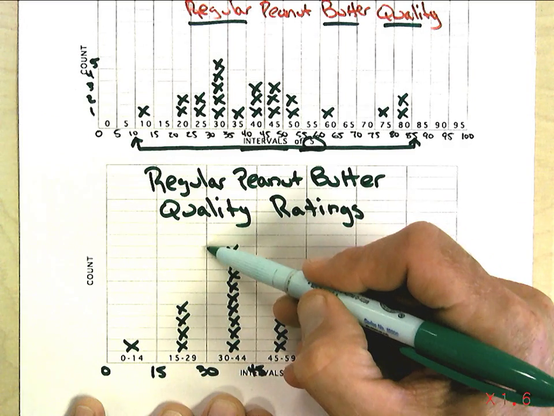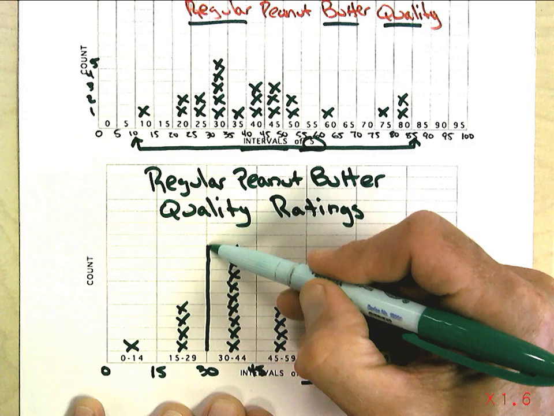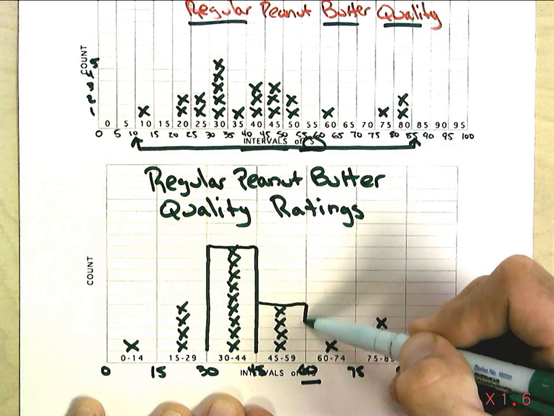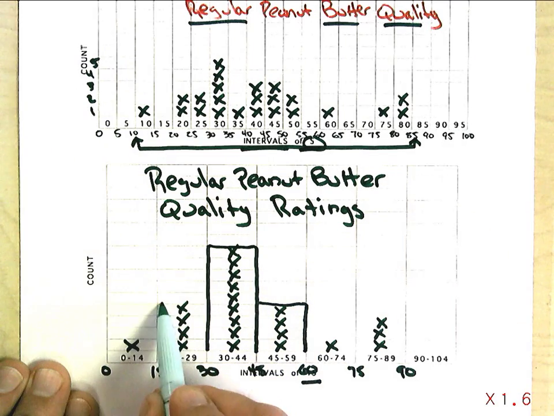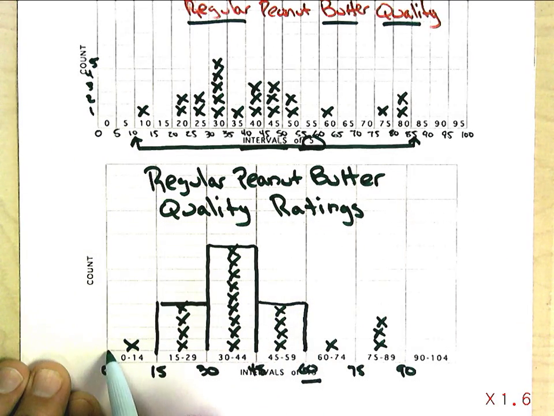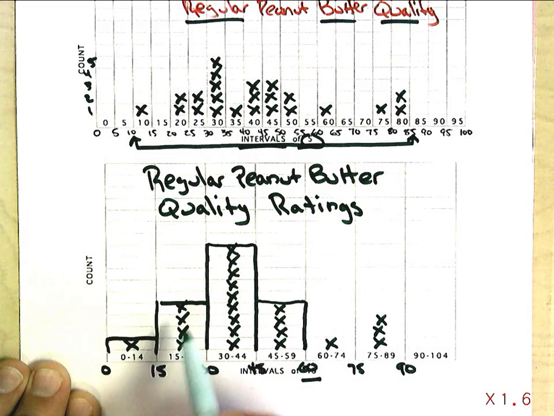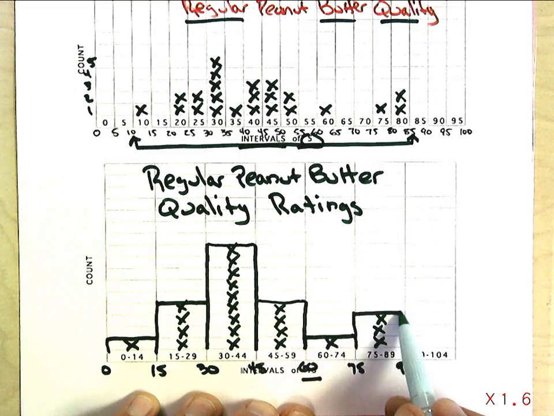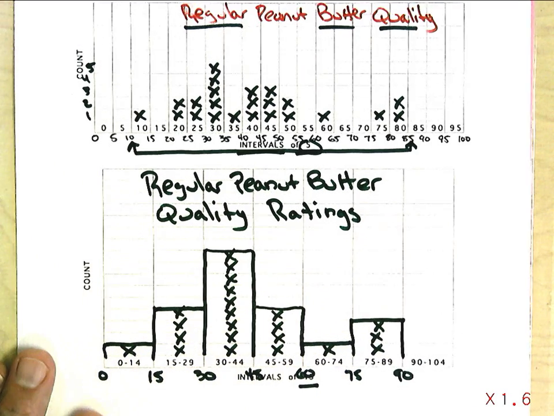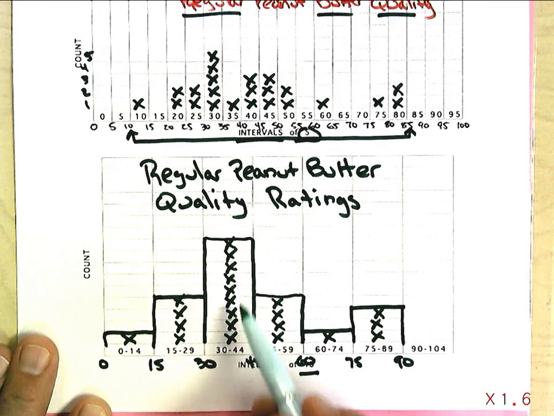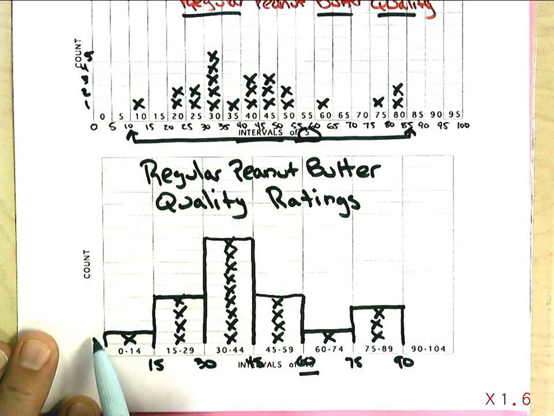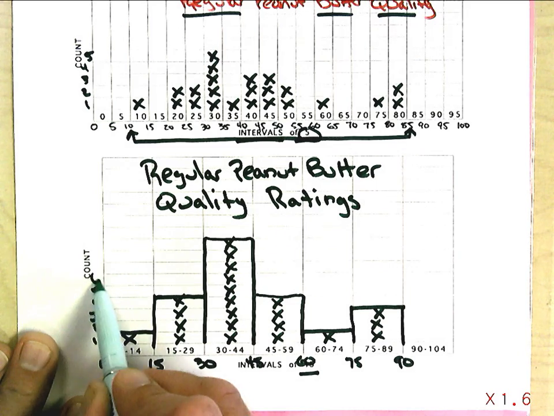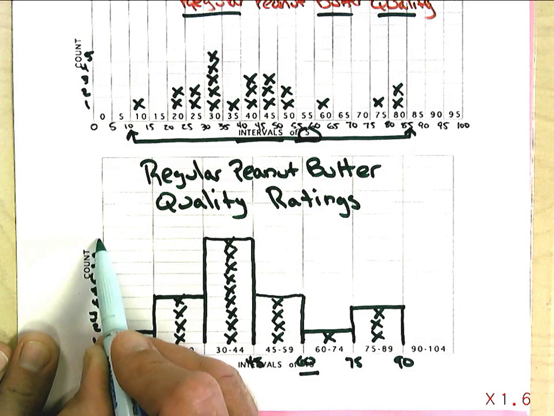I could put my count on the side if I'm thinking of count. So now the bars of my histogram. And remember, I didn't list the numbers, I just kept track, and my count is 1, 2, 3, 4, 5, 6, 7, 8, 9.